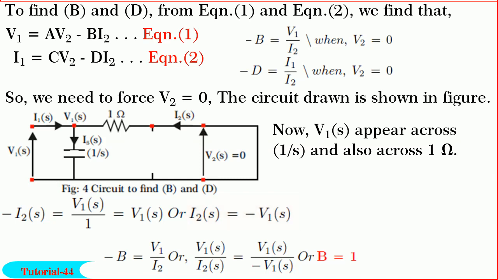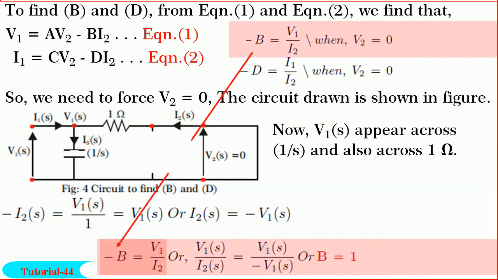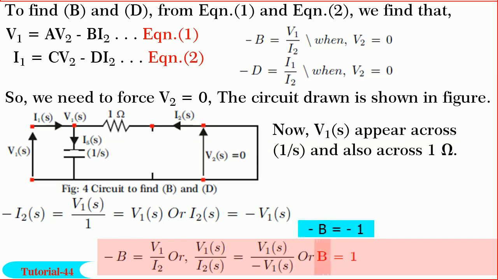That is simple. But we know minus B is equal to V1/I2 when V2 is equal to 0, or minus B = V1(s)/I2(s) = V1(s)/(minus V1(s)), which will give us minus B = minus 1, or B = 1.